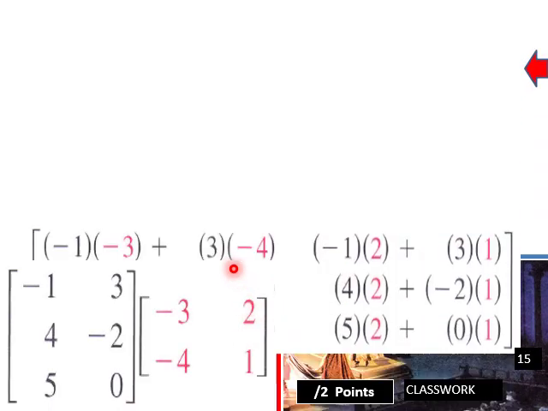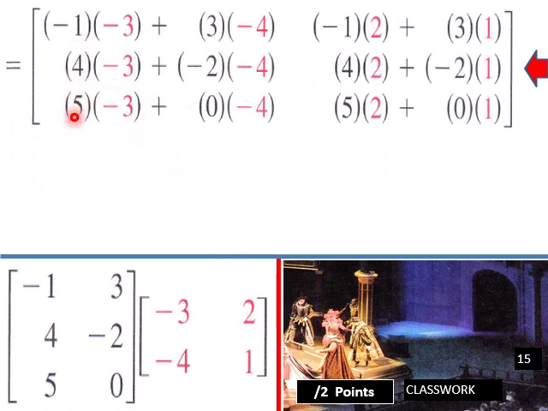So we're going to multiply -1, again rows by columns: -1 times -3, and then 3 times -4. So we're moving across on this one and down on this one. And then our next one would be -1 times 2 plus 3 times 1.